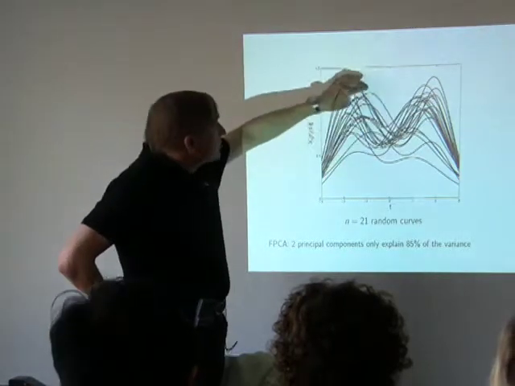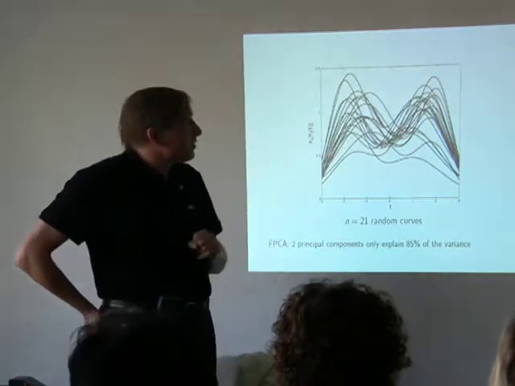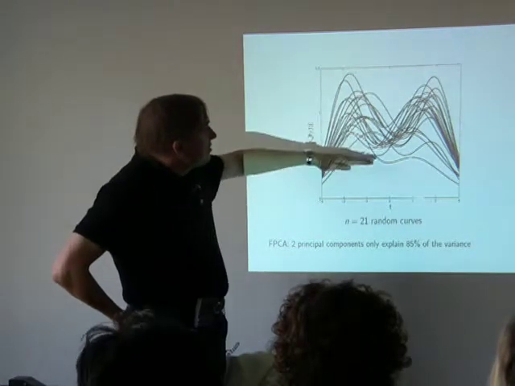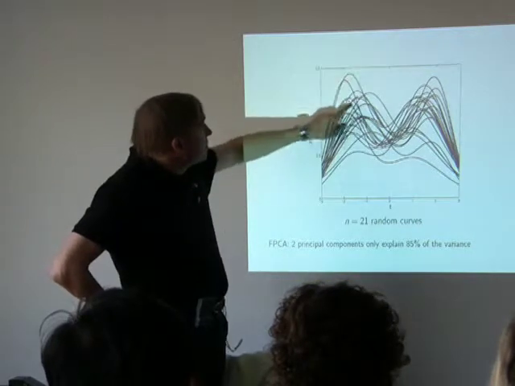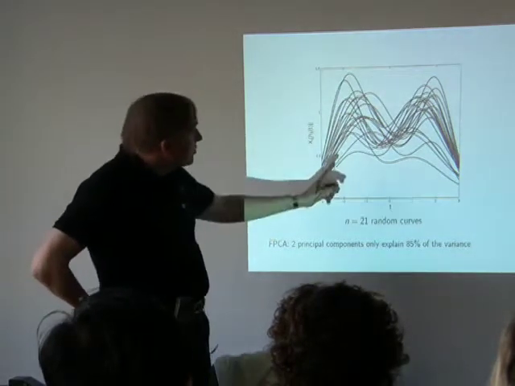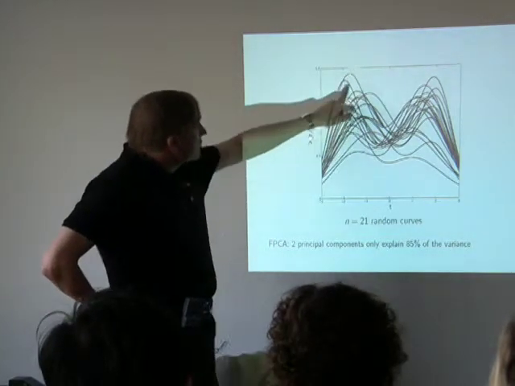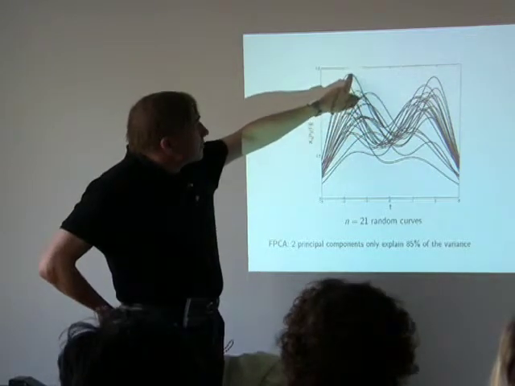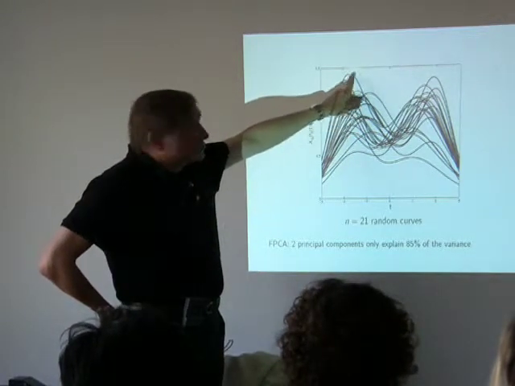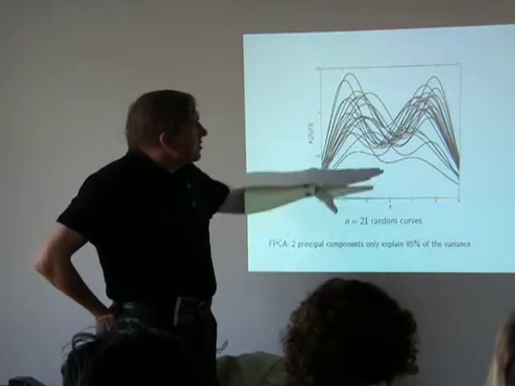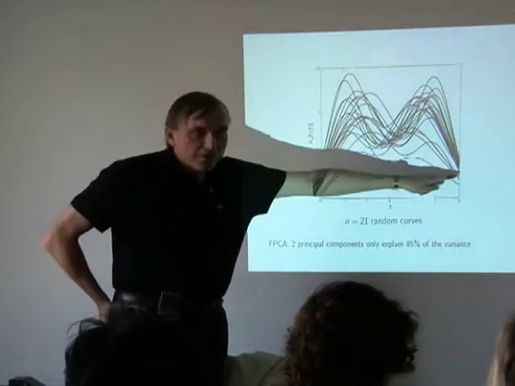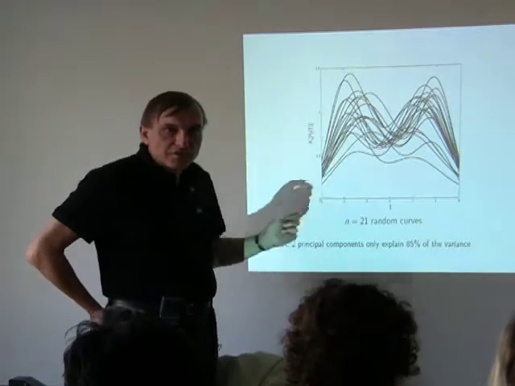So essentially you have two maxima here and one minimum there. But you see, you have variation in this direction. The height of these peaks is very different. But also you see, for example, this curve, this peak is located there, for this curve it's located there, and so on. So we have a variation in a vertical direction, but also in horizontal direction. There's also variation from curve to curve.